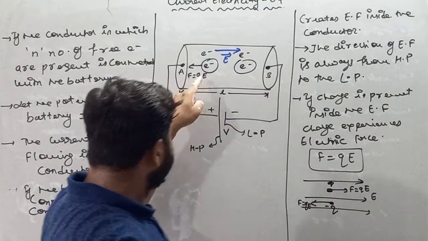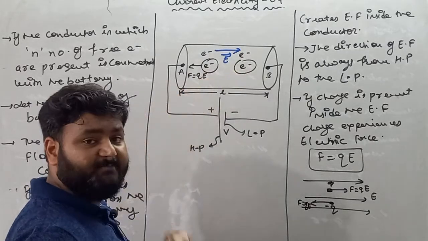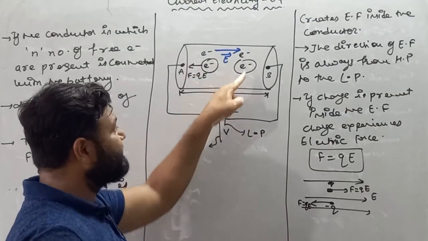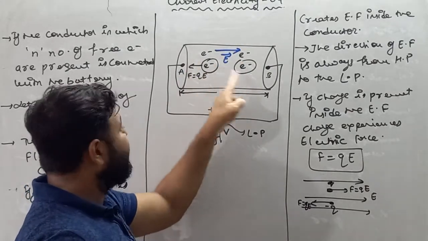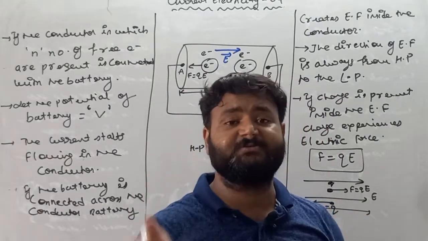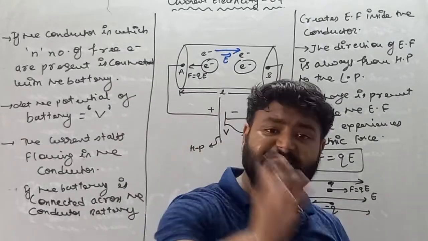Now see, each electron carries the same charge, and for every electron the electric field is the same. So we'll say each electron experiences the same force, and the direction of force is also the same for every charge.